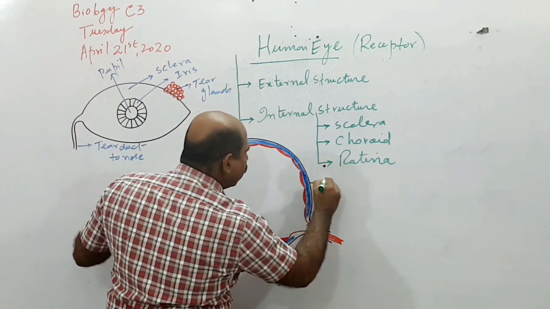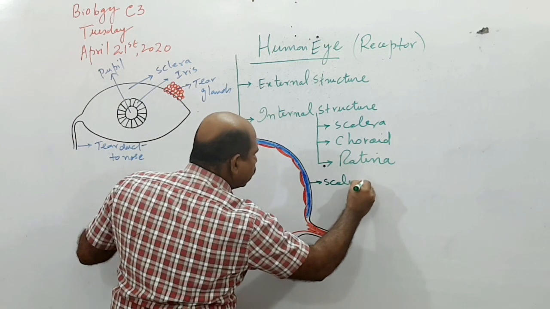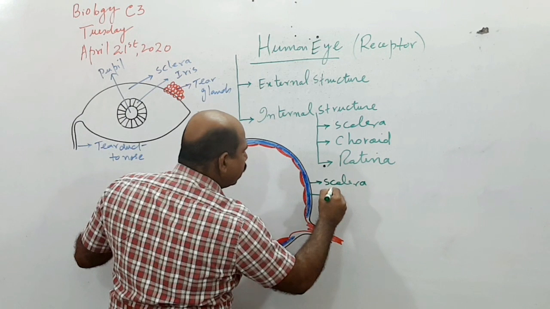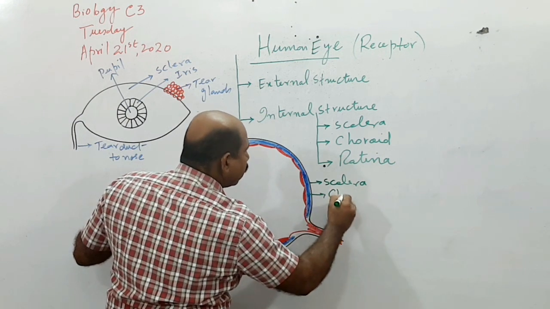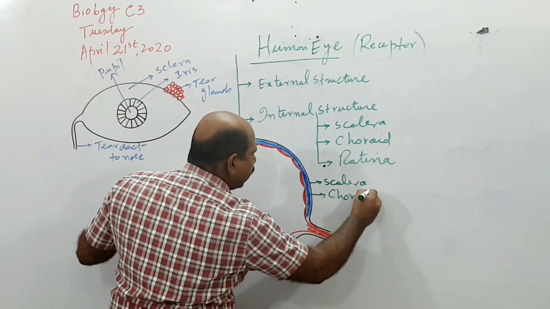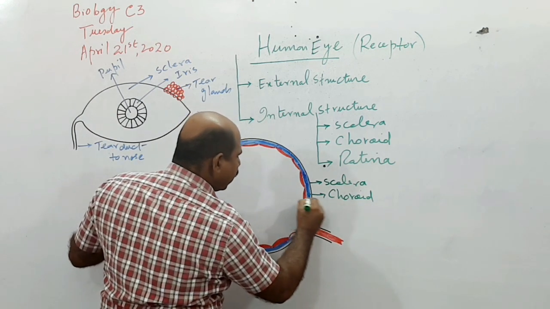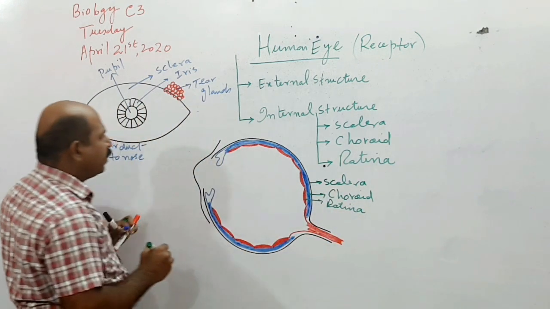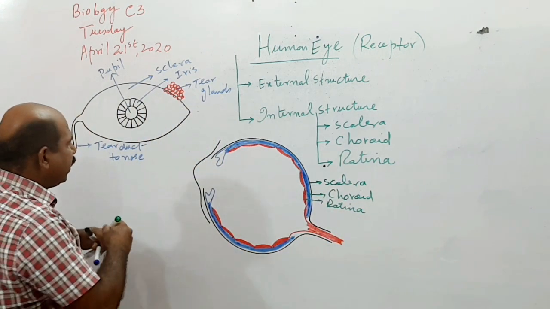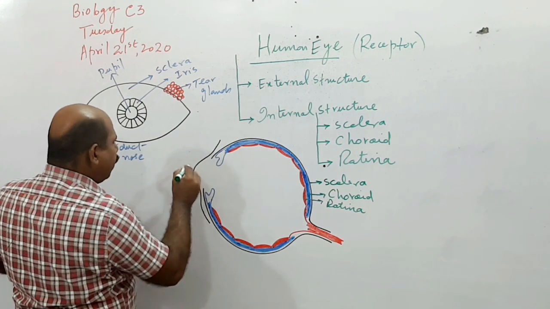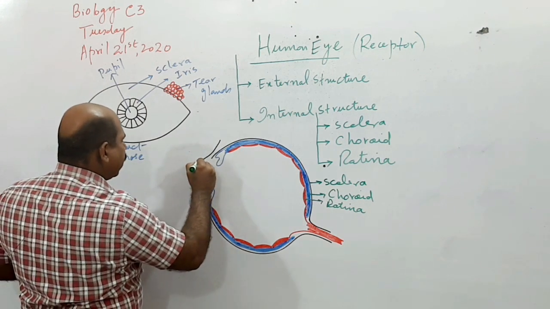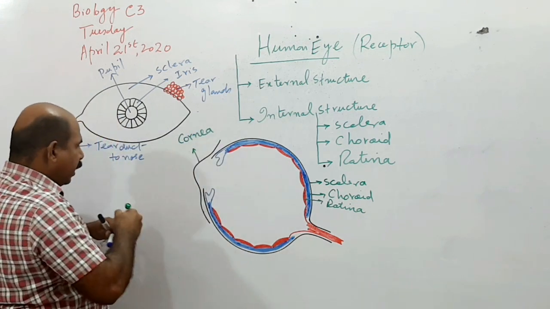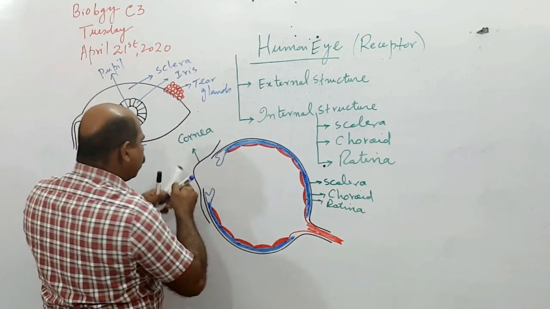So this one is called sclera, this layer is choroid, and this is called retina. And this portion, the front part that I have not labeled before, is called cornea.